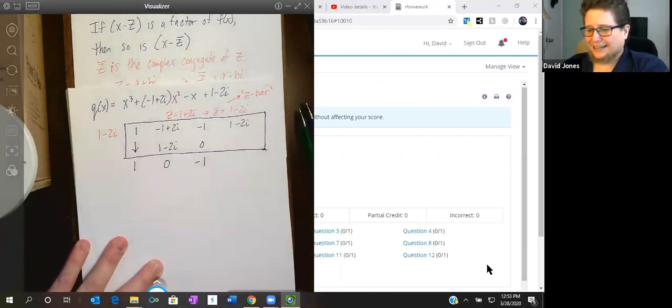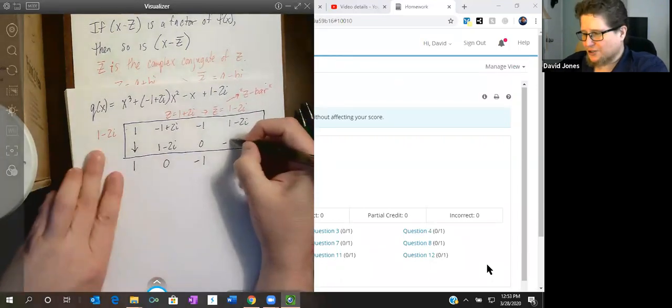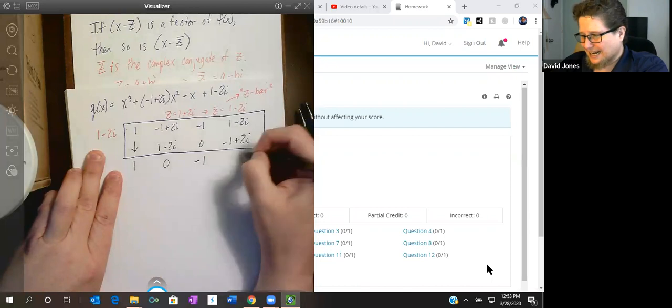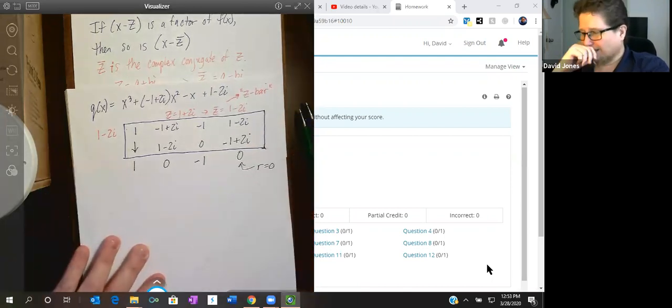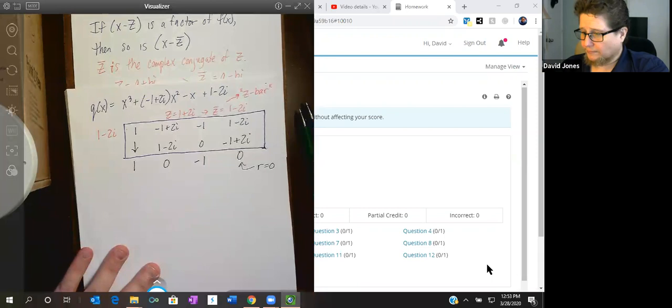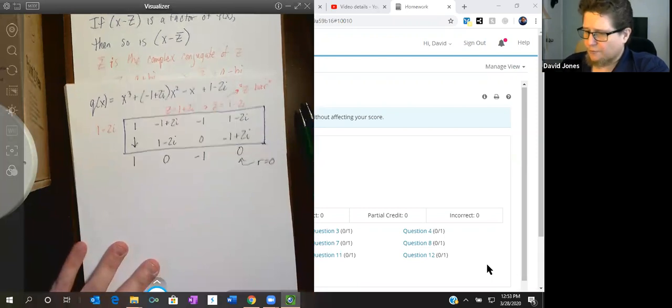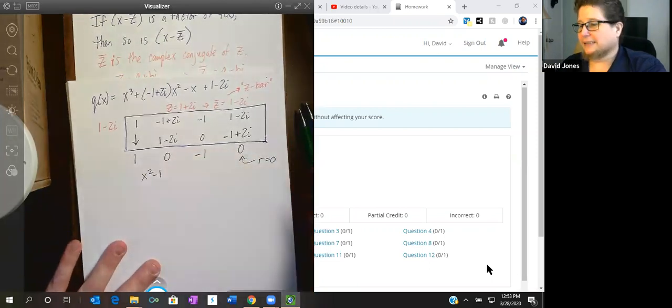That's -1. -1 times this just changes the signs, and I get 0. See? R equals 0. Z had a remainder of 0, so z bar gets a remainder of 0. Which means my remainder now is just x squared minus 1.